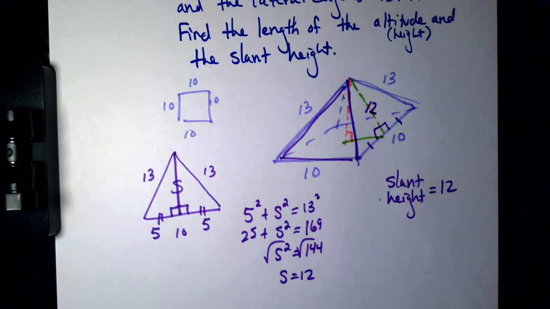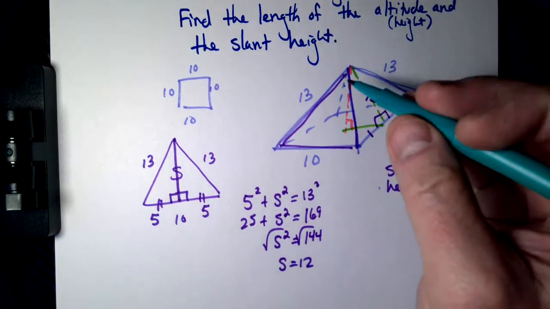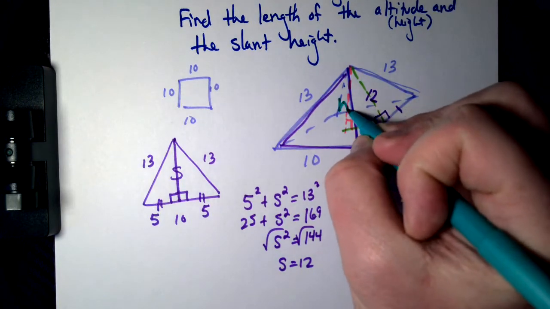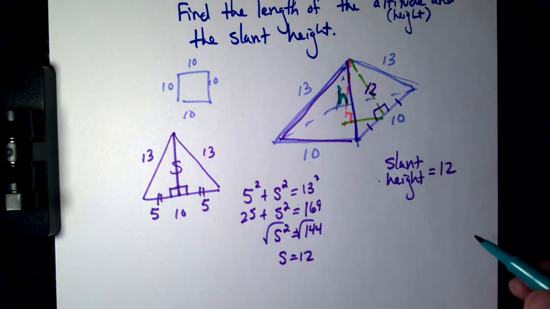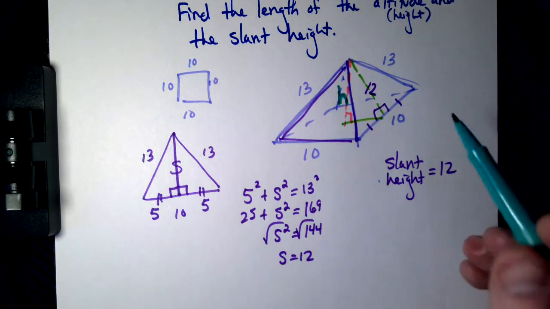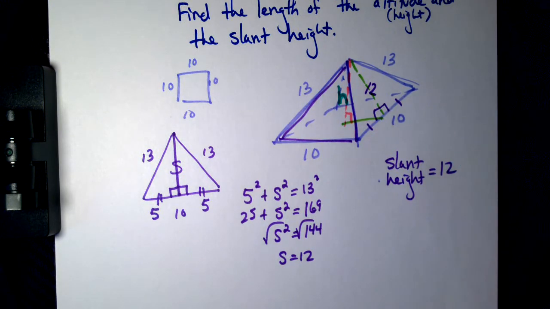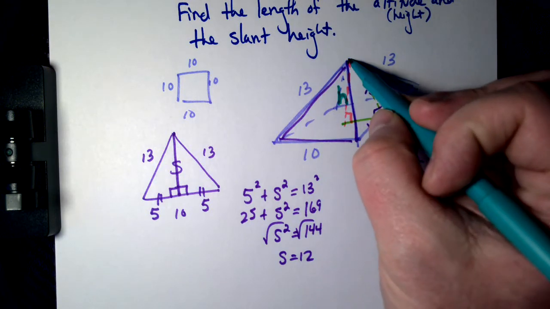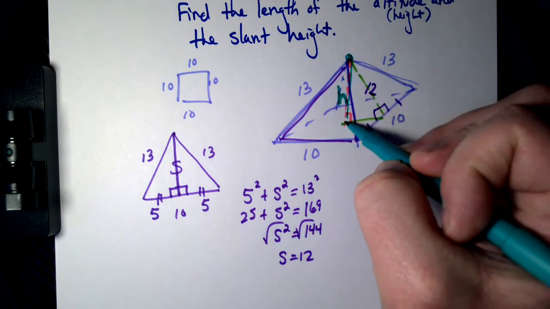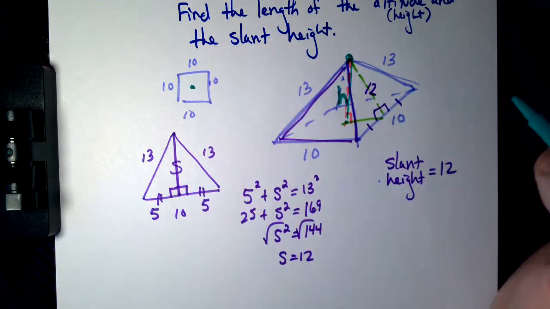That's part one. We got the slant height using some of the clues they gave us. Now, part two is, how do I find that pink line up and down the middle? I'm going to call that H, for height inside. The trick is to use a little bit of logic. This altitude comes down from the top and hits dead center of the square.